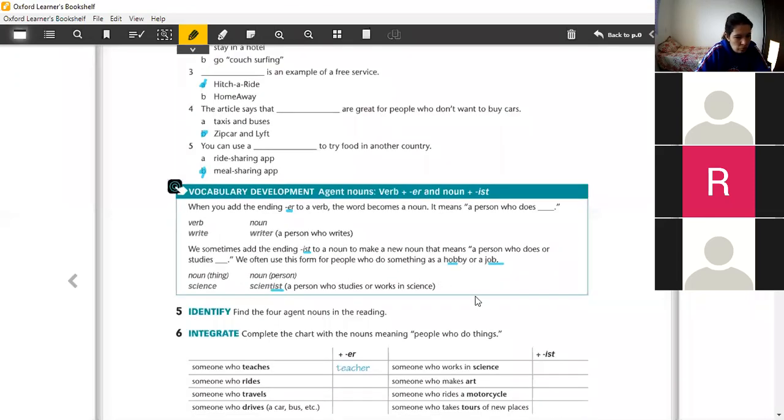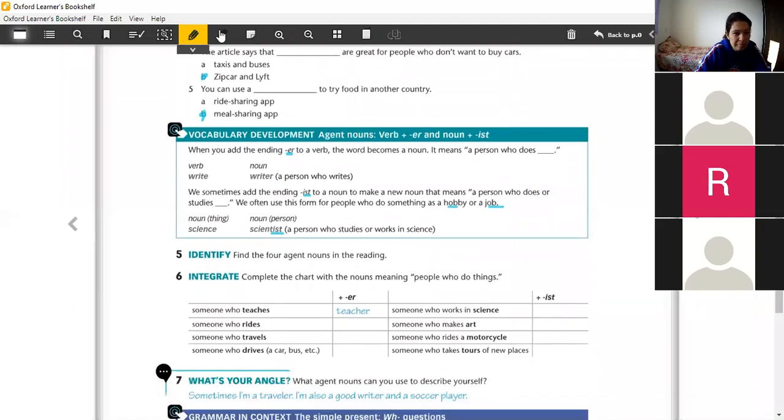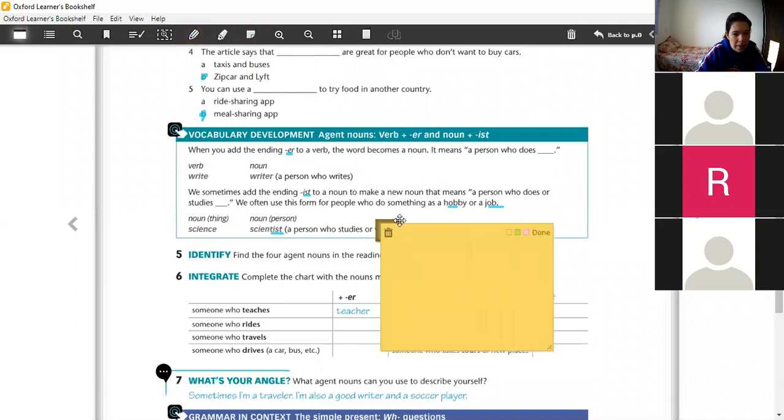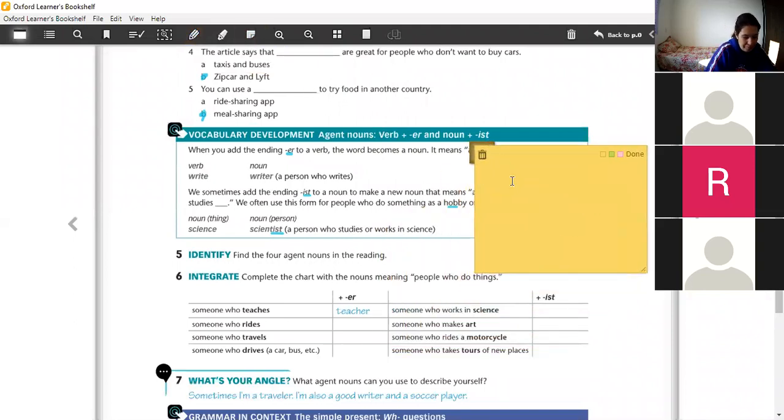Tudo bem? No caso, someone who teaches, teacher. Someone who works in science is? Scientist. Isso aqui tava fácil, né? Someone who writes? Writer. Someone who makes art? Artist. Someone who travels? Traveler.